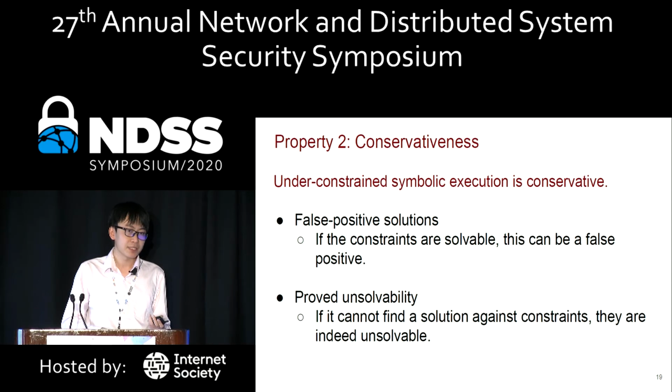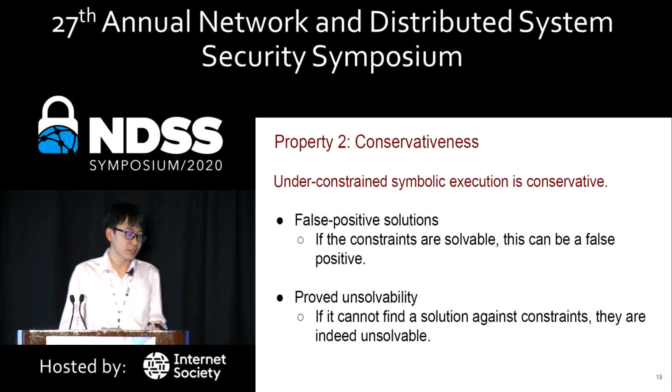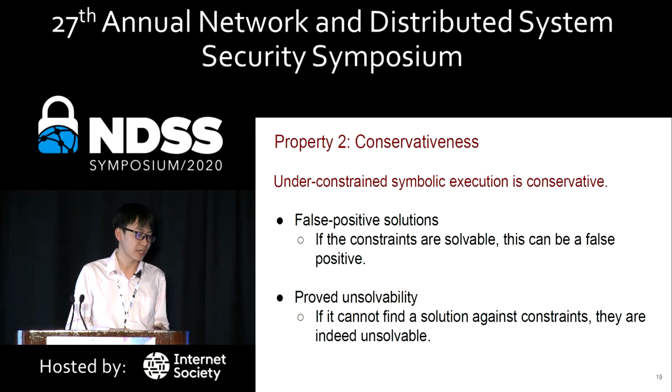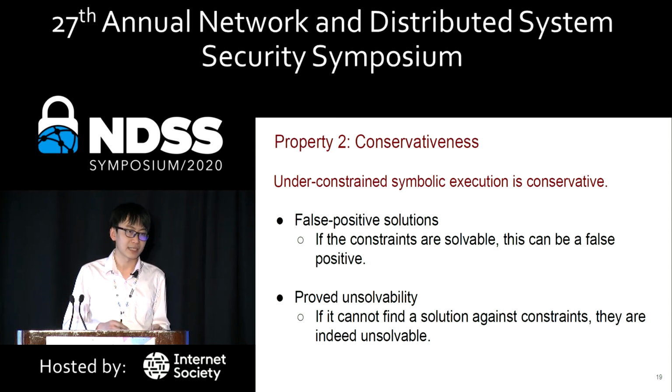The second property that we want to use is conservativeness, which means that if the constraint for under-constrained symbolic execution is solvable, this can be a false positive, because here it is under-constrained symbolic execution, so we don't collect all the constraints. But on the other hand, if we cannot find any solution to the constraints, they are indeed unsolvable.